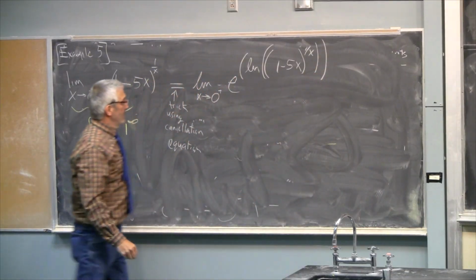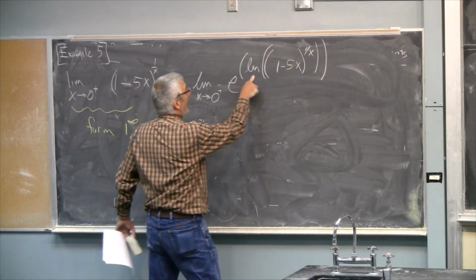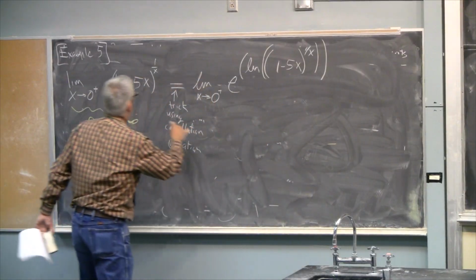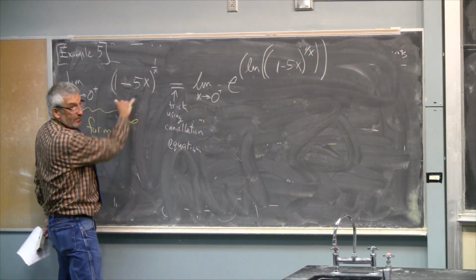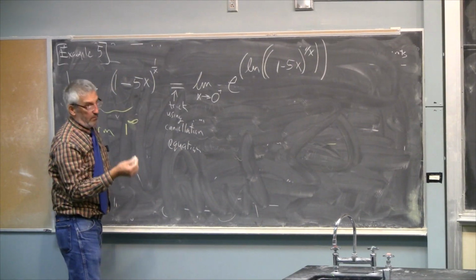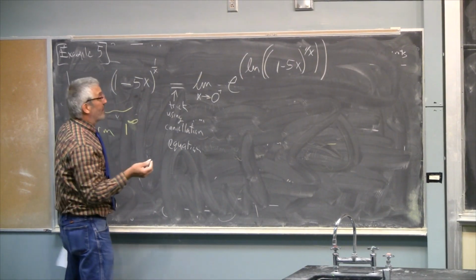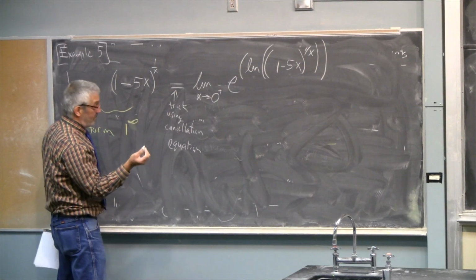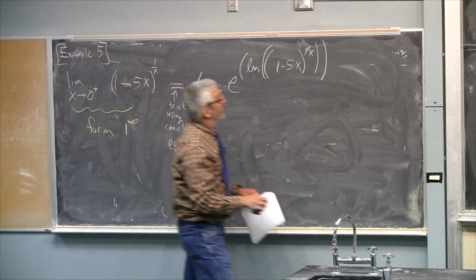Isn't that crazy? You know, e to the ln of this junk is just this junk. So again, this is a trick. If you're on a desert island and you have to come up with this, you're going to be stuck on the island because you would never think of this. I would never think of this. This was not my idea. It's above my pay grade.